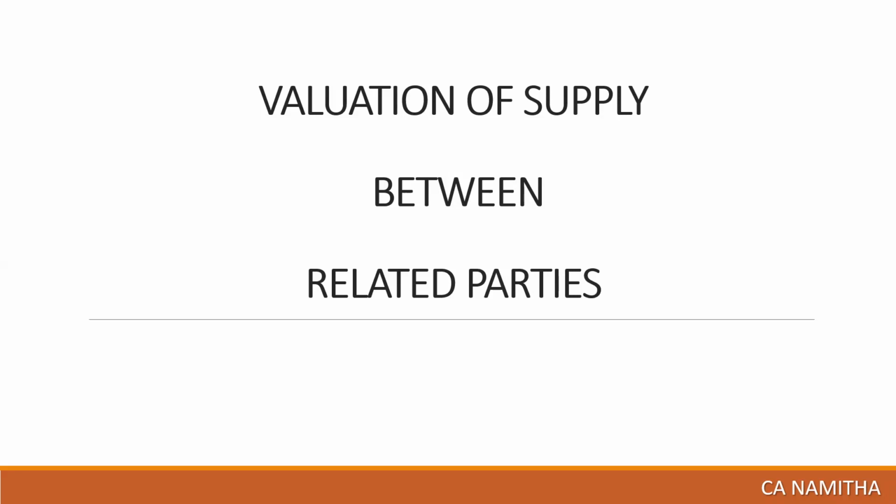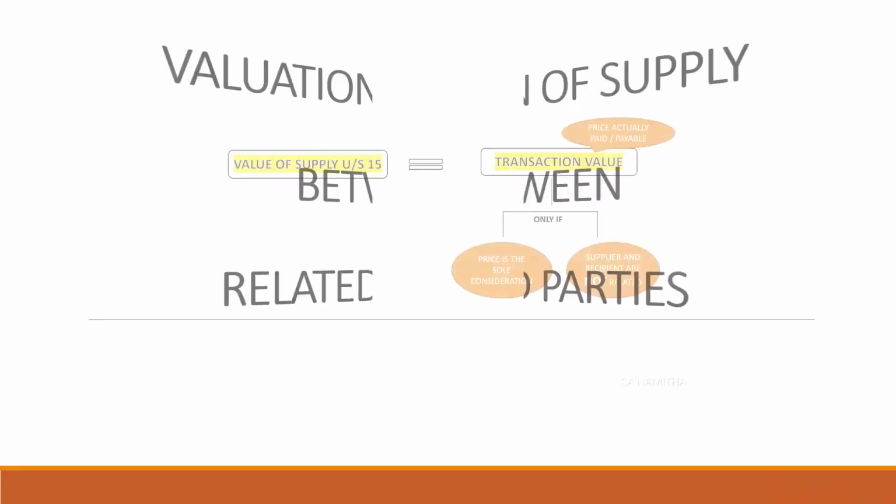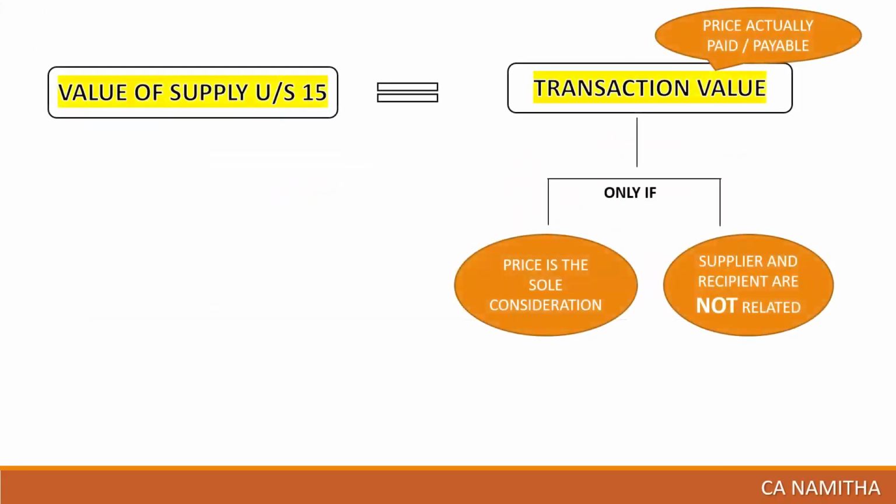Well, today's topic, which I've chosen for discussion, is valuation of supply between related parties. As we all are aware, value of supply under Section 15 is nothing but transaction value, that is, price actually paid or payable.